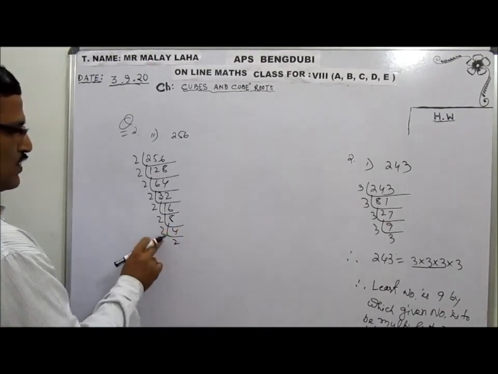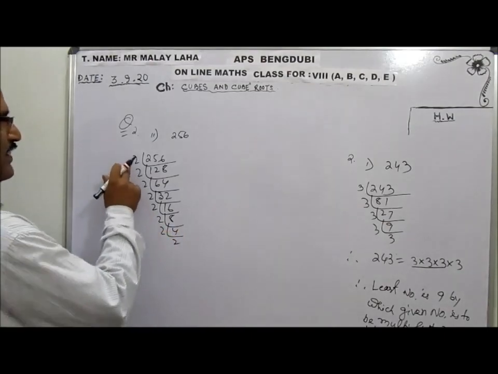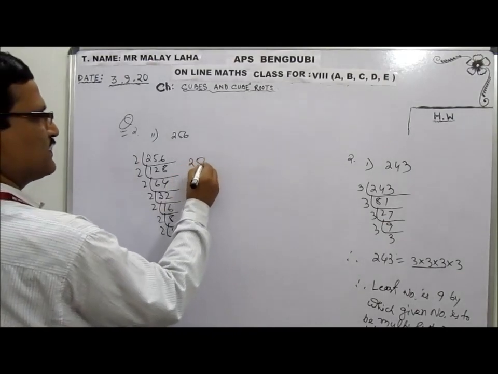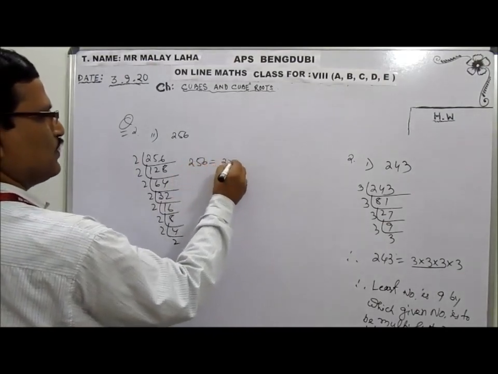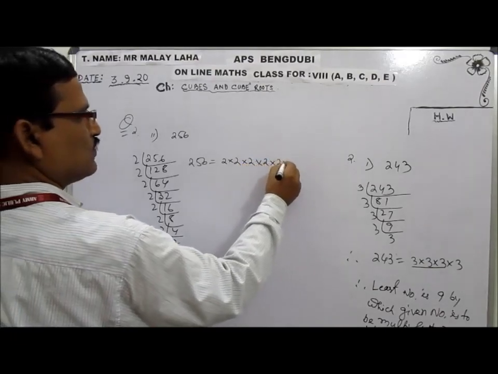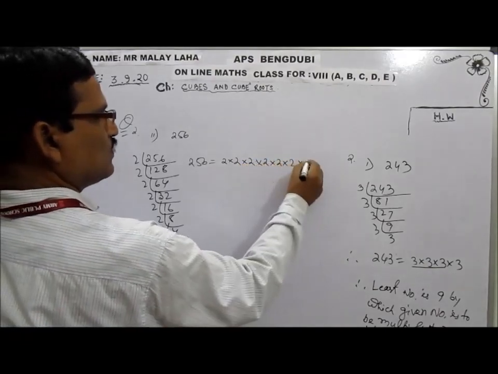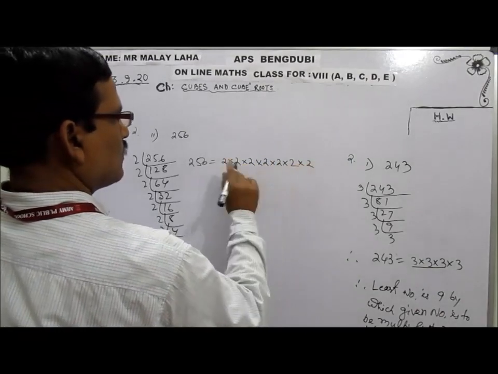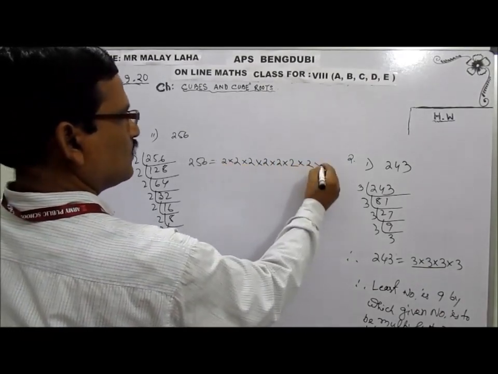So how many 2s? 1, 2, 3, 4, 5, 6, 7, 8. So 256 can be written as 2 into 2 into 2 into 2 into 2 into 2 into 2 into 2.